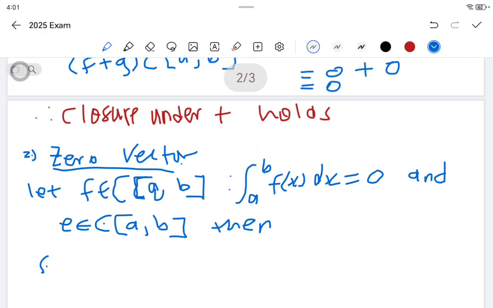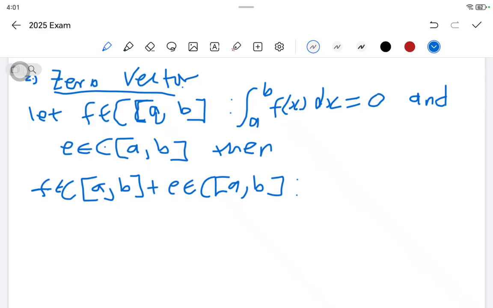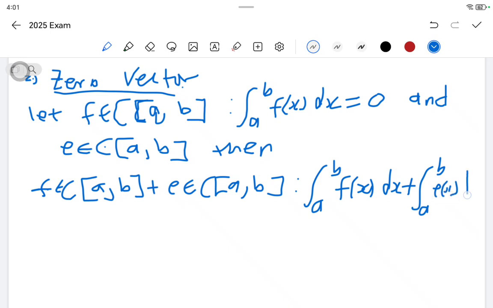You add f, an element of this continuous function, plus e, an element of this continuous function, such that this is going to be the integral from A to B of f of x dx plus the integral AB of e of x dx.